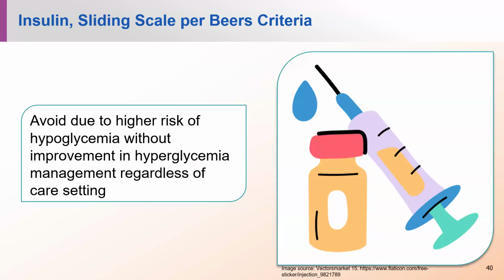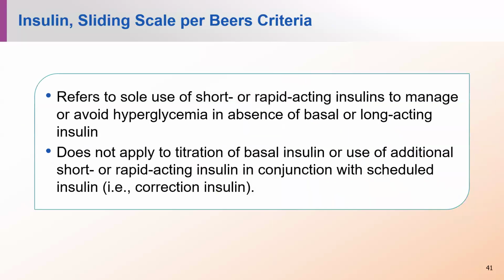So you want to avoid this in the Beers criteria, also due to the risk of hypoglycemia without improvement in hyperglycemia management, regardless of care setting. So whether it's in the hospital or out of the hospital.